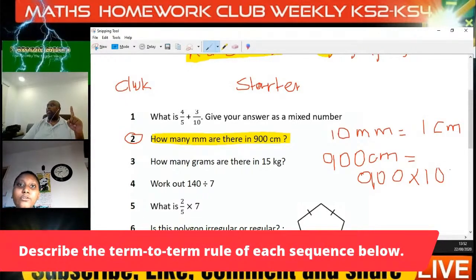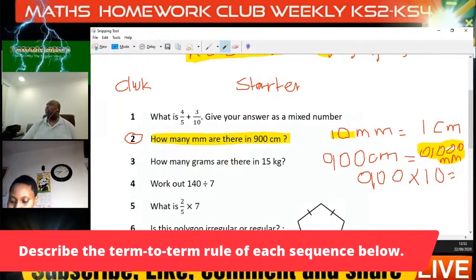9,000. Well done. Excellent. So that's going to be 9,000 millimeters. The answer for that one is 9,000 millimeters.